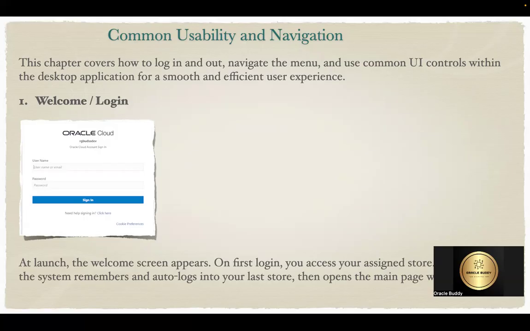You need to enter your valid username and password and click on sign in. At launch, a welcome screen appears. On first login, you can access your assigned store, and the system remembers and auto logs you into your last store. So when you open the main web page, it will automatically log you into the store which you logged into last time.